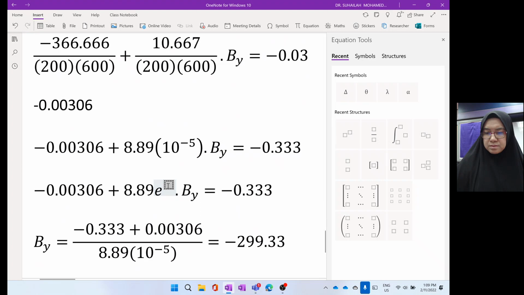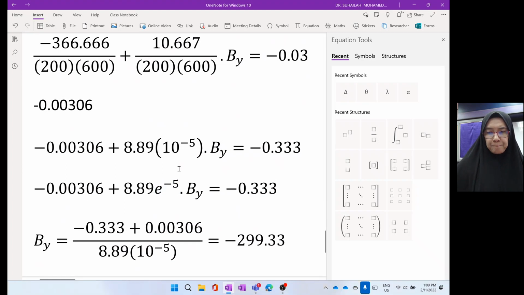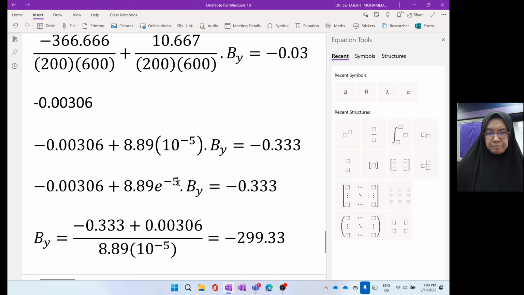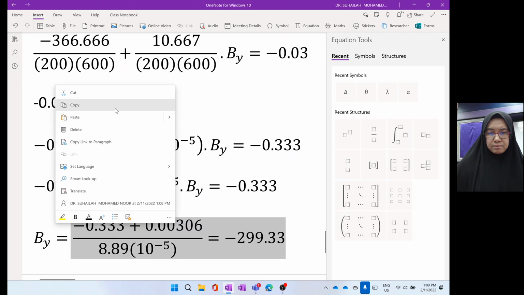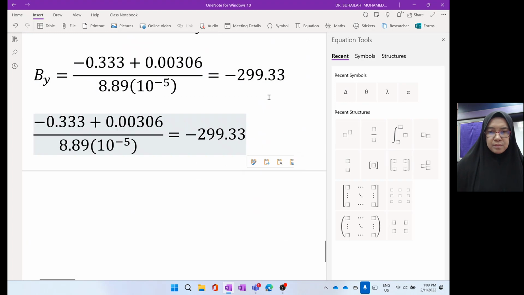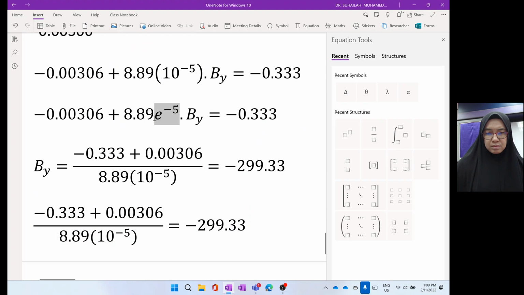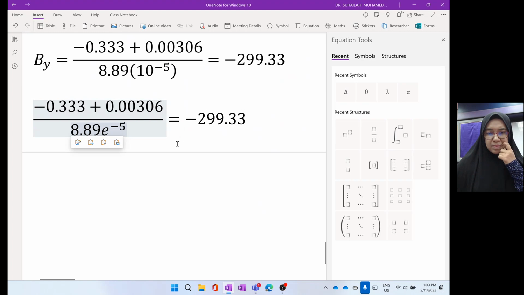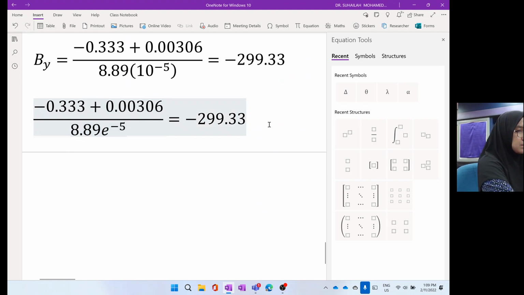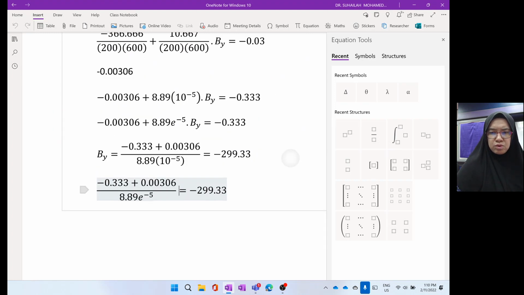Sekejap saya nak check jawapan. Betul ke 299.33 tu?